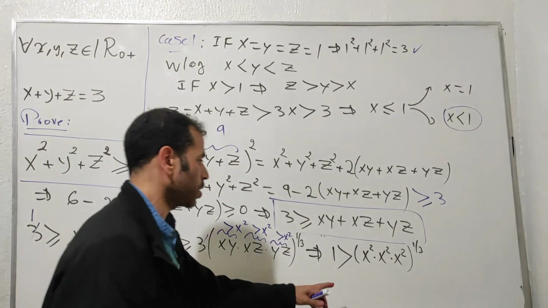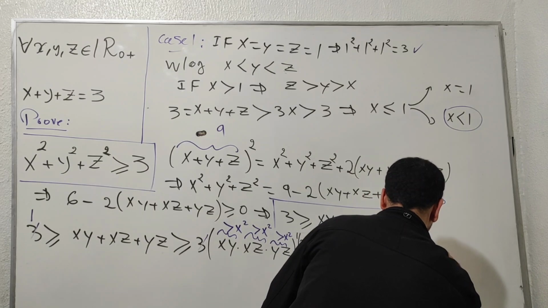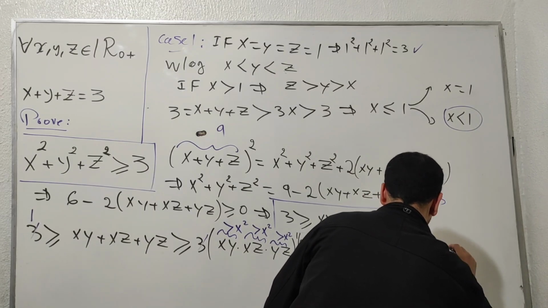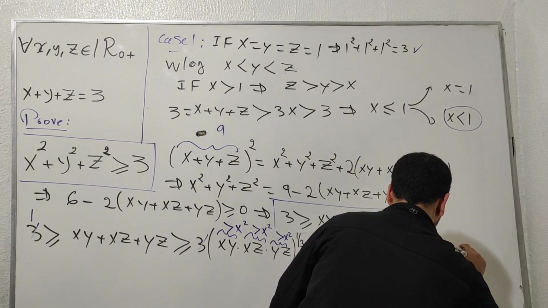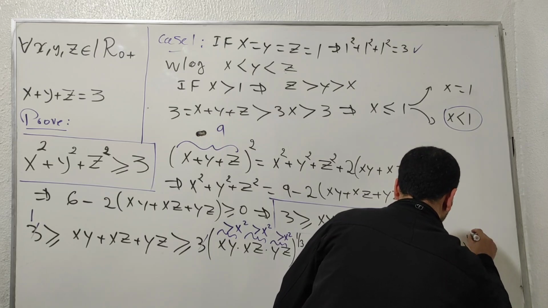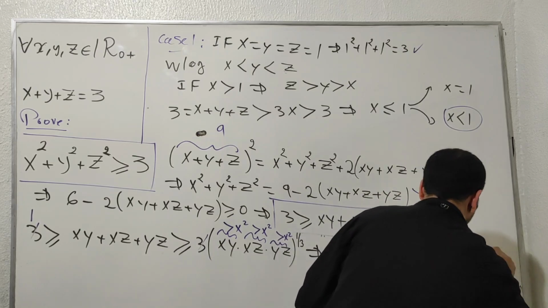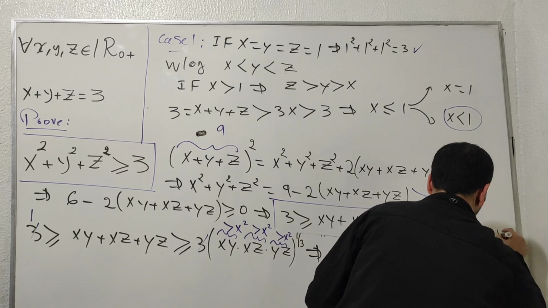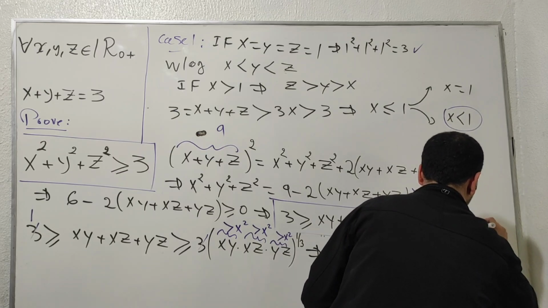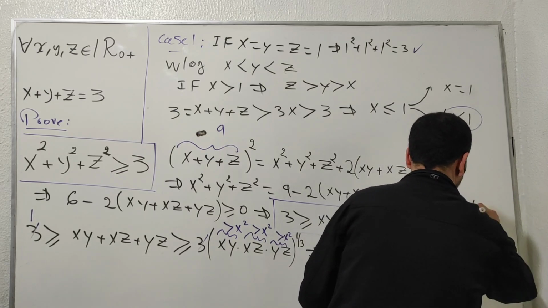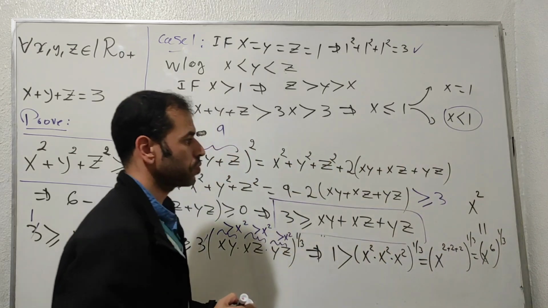Let's put this one together. This one is going to give us x to the 2 plus 2 plus 2 as an exponent, all raised to 1 over 3, which equals x to the 6 all to the 1 over 3, which is going to give us x squared, okay.